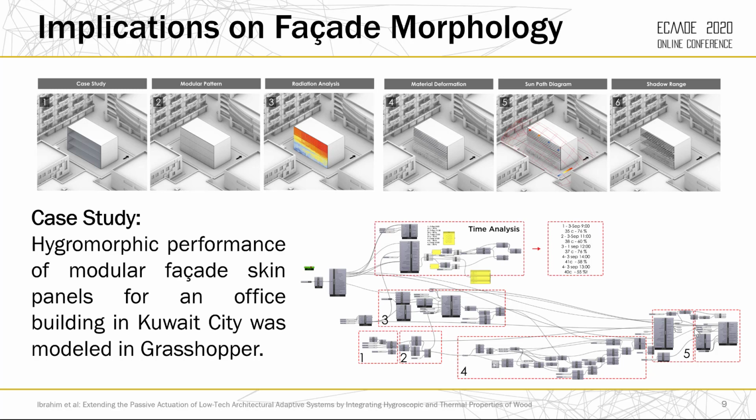We introduced a case study of an office building in Kuwait City with facade dimensions of 25 times 12 meters. We used Grasshopper to model and simulate the hygromorphic performance of modular facade skin panels based on weather data using temperature and humidity as two main input parameters. Thermal simulation was conducted in different time intervals, and the resulting deflection morphologies and motion response rates were recorded.